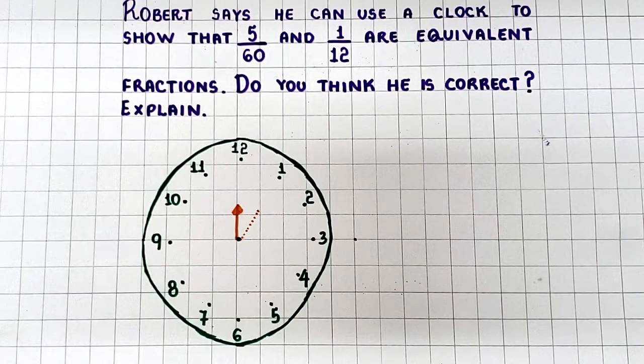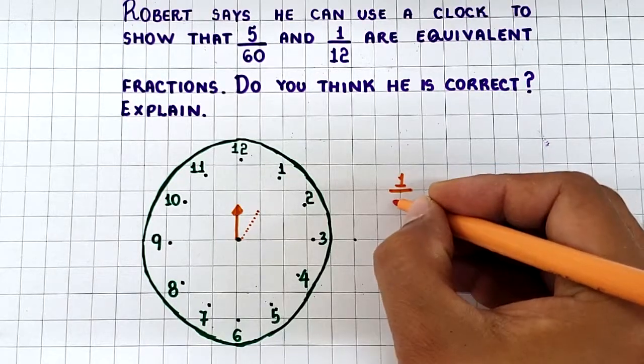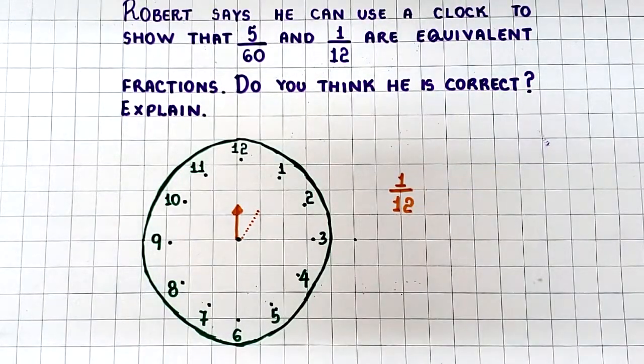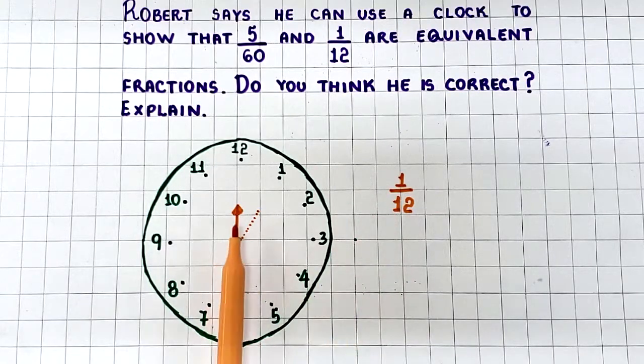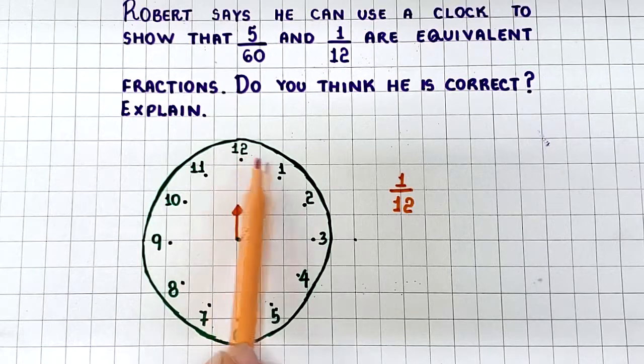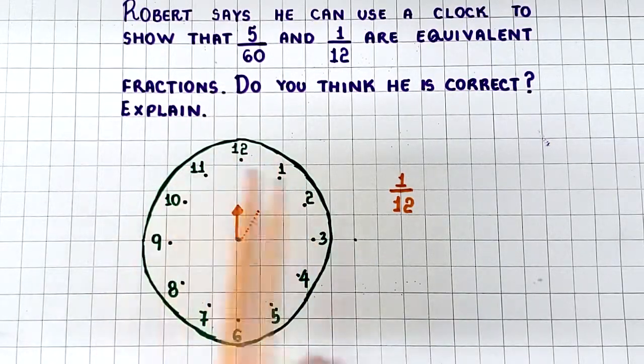Yeah. So we can represent that with the fraction 1/12. Great. So we can use the fraction 1/12 to represent the movement of the hour's hand from 12 to 1. It traveled 1/12 of the whole clock. Is that right? Yes. Great, my friend.